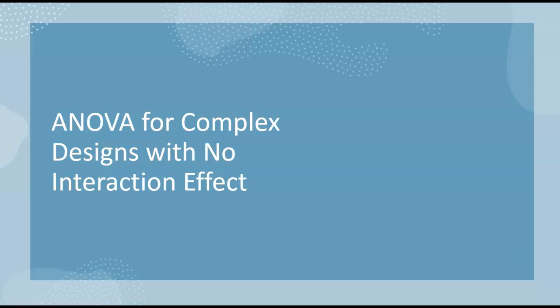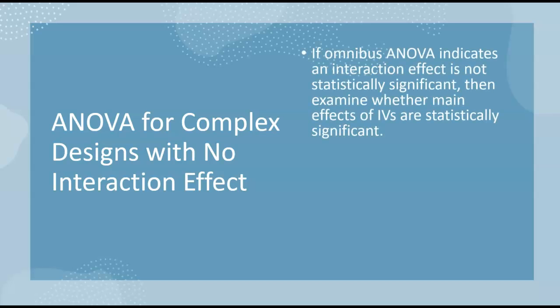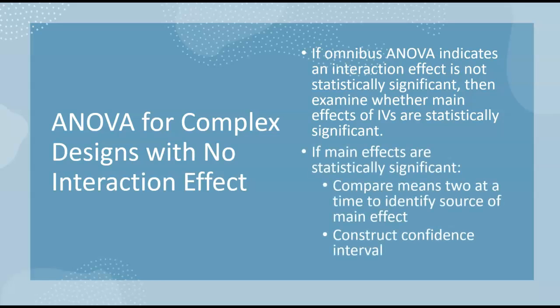Now, what if you have no interaction effect? If there's no interaction and you get your omnibus test and it says you have a non-significant interaction effect, then you go straight to your main effects and look at them collapsed across your other independent variable. So when I looked at age and sex, although I would have to fact check that, let's go with the hypothetical.